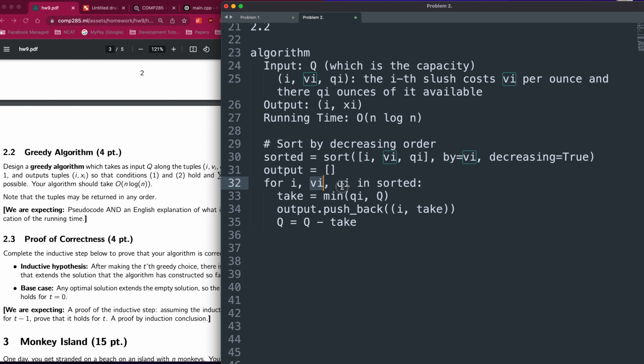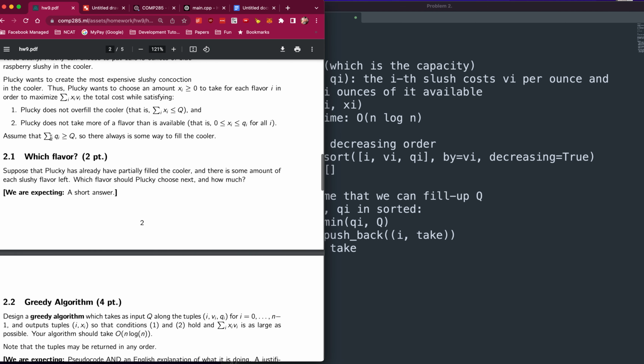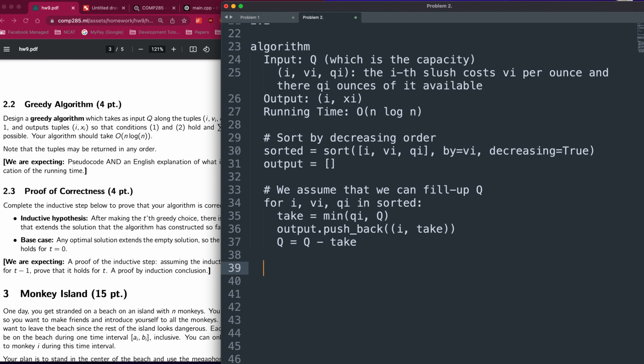So we're going to keep iterating, but we're actually not going to take any of them. You can have an extra if statement to maybe exit a little early, but that's not a problem. And again, this is where we assume that we can fill up Q, and that's a fine assumption because the problem statement says assume that you have enough slushy where you can always fill up Q. Once we're done with that for loop, we just return our output, and that is the pseudocode.